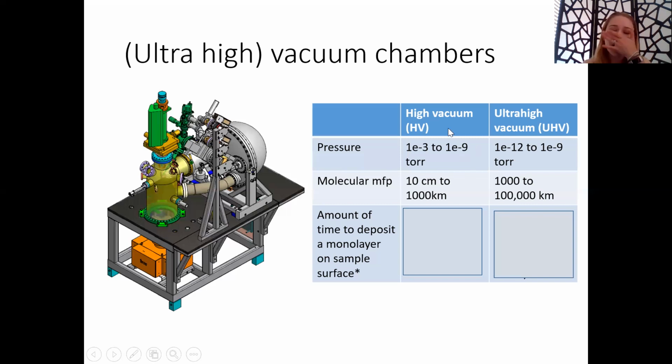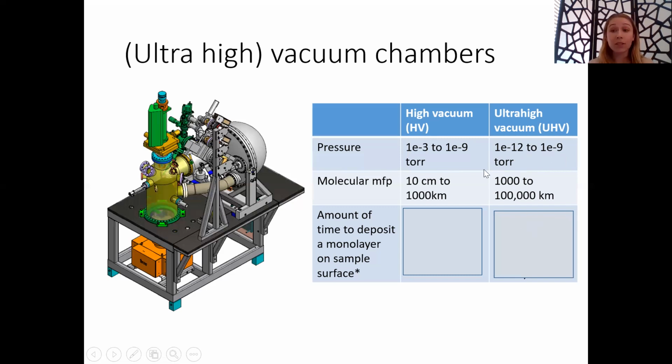To illustrate this difference, high vacuum is considered to be between 10^-3 and 10^-9 torr, and ultra-high vacuum is between 10^-9 and 10^-12 torr. As a reminder, atmosphere is 760 torr.